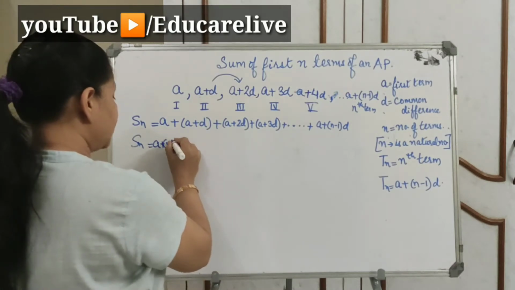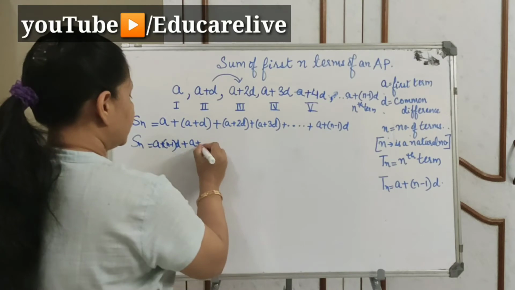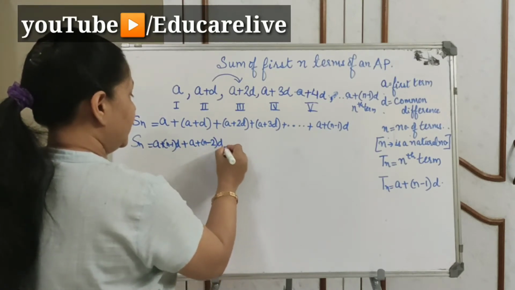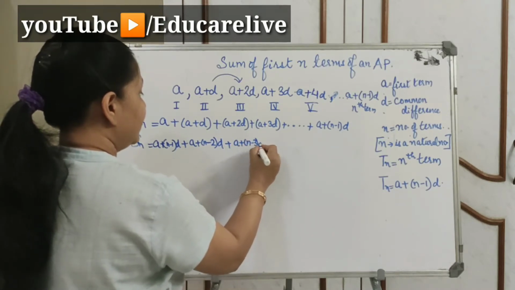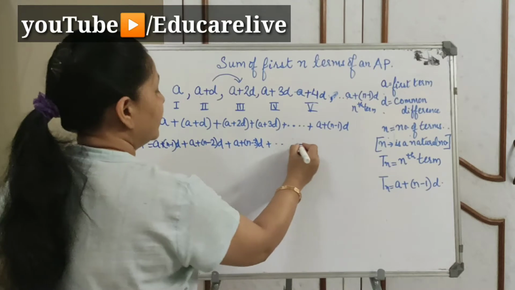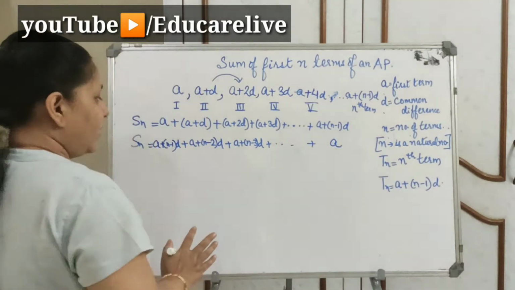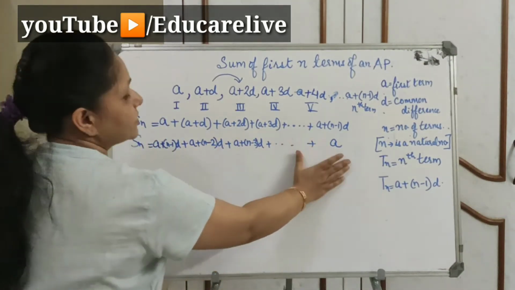A plus n minus 1 D. Here we'll write, before A plus n minus 1, what will come? n minus 2 D. Then A plus n minus 3 D, and then here we'll have the first term we had was A. Okay, so I have written the same series but in a reverse manner.